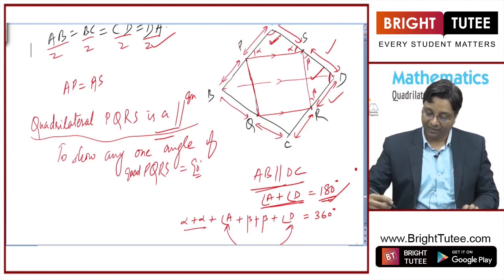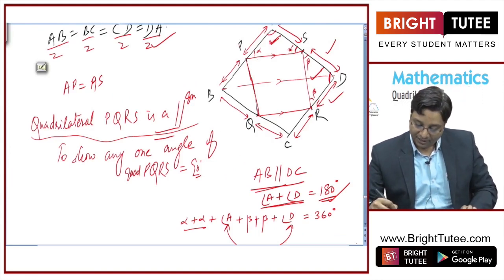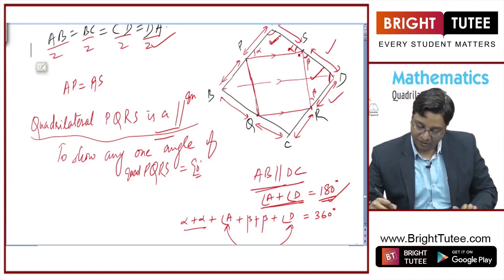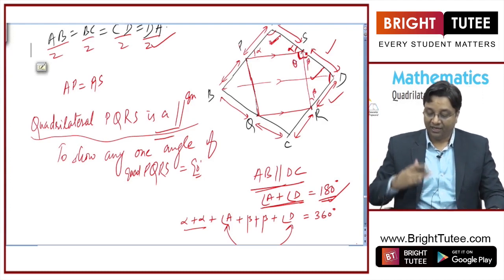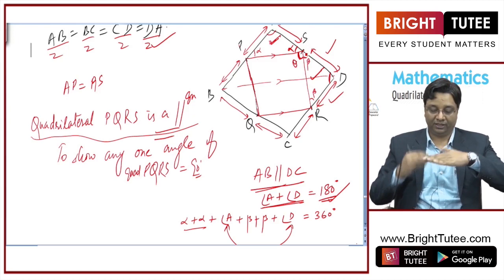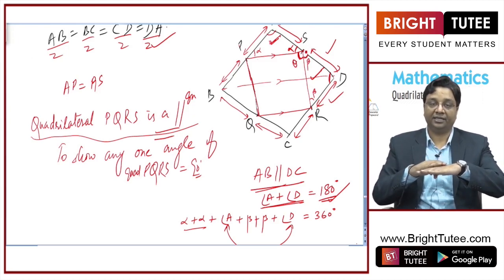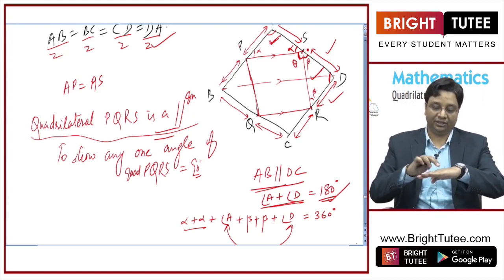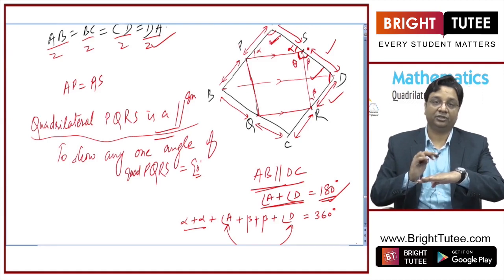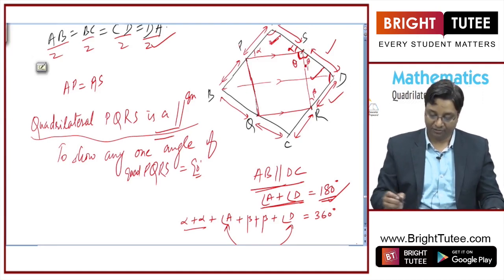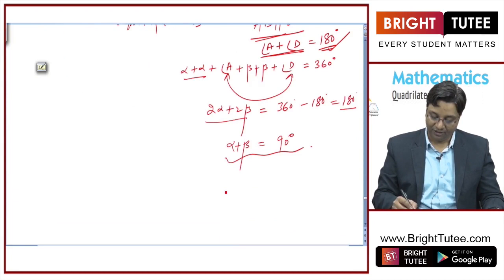Once you can see that alpha and beta collectively are equal to 90 degrees, what can you say about this angle here? If this angle is theta, then these are angles on one side of a line, right? So these collectively will be a straight angle. So alpha plus beta plus theta will be equal to 180 degrees.